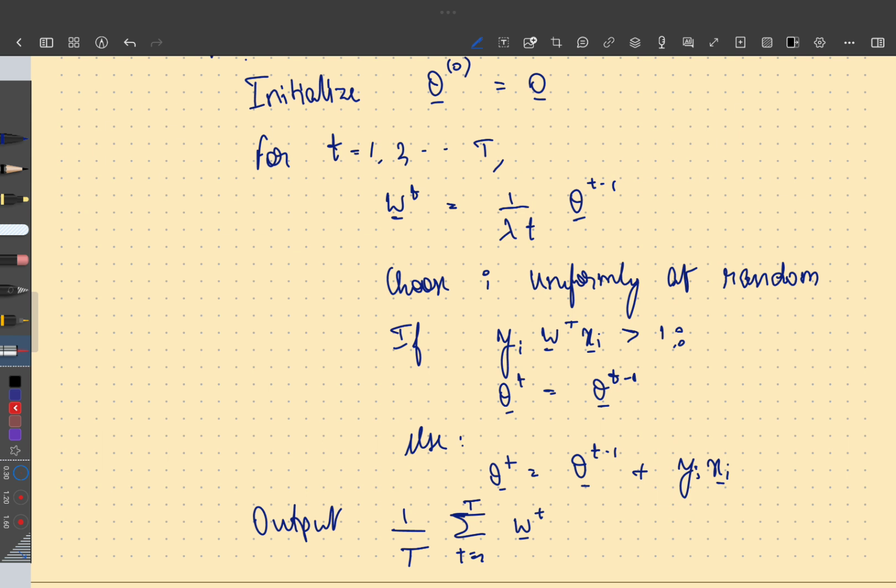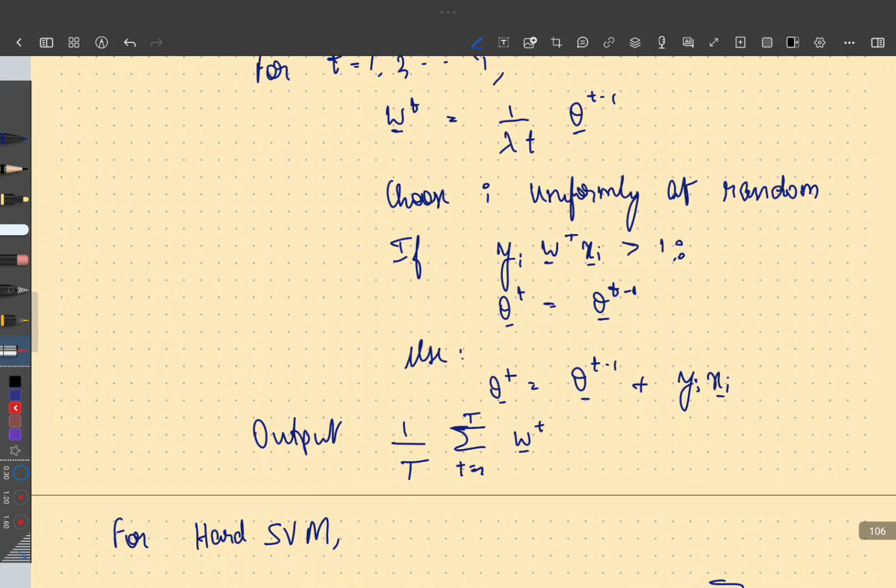But this particular form essentially looks like what you have in the case of the perceptron algorithm. In soft SVM we are allowing some points to be misclassified. Correct, that's true. The original hard SVM is only for the case where you have a data set that is linearly separable.